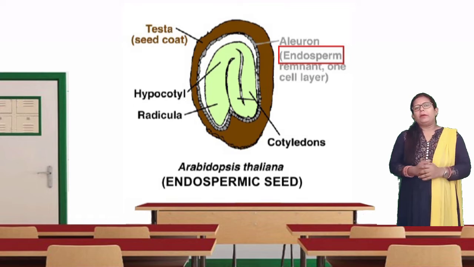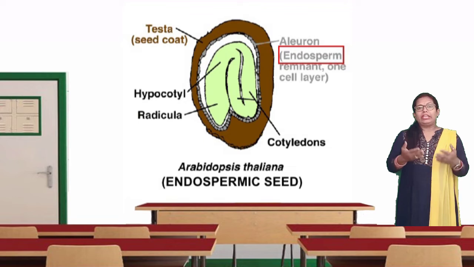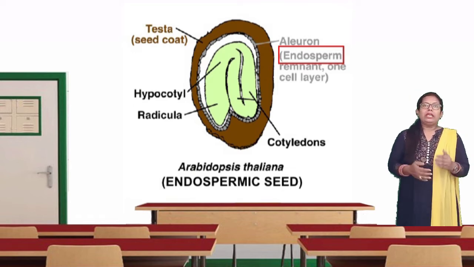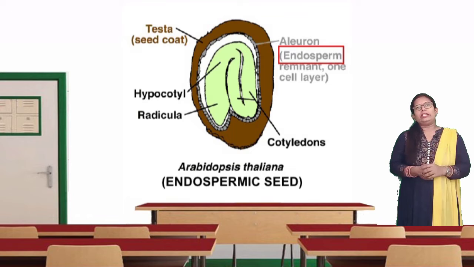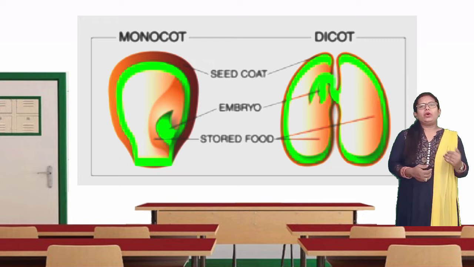In endospermic seed, as we know, endosperm is present, and if the endosperm is present, then the cotyledons are thin and membranous in such seeds, because the function of cotyledon and endosperm is more or less the same. On the basis of number of cotyledons present in the endospermic seeds, these are further divided into monocot albuminous seeds and dicot albuminous seeds.